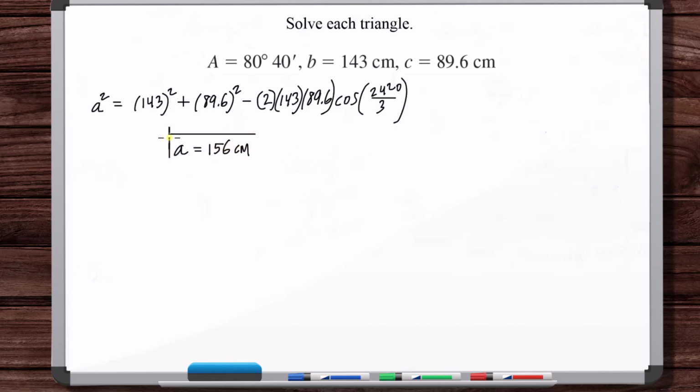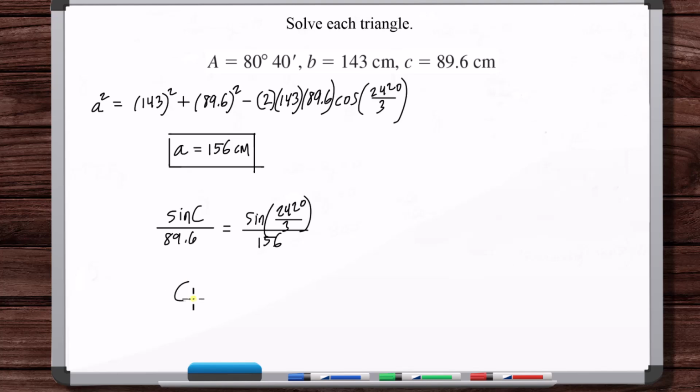Okay. Now, let's solve for an angle. Let's pick the shortest remaining side length. So that's going to be side length C. So we want to solve for angle C. Sine of C over C is equal to the sine of 242 over 3 degrees over 156.